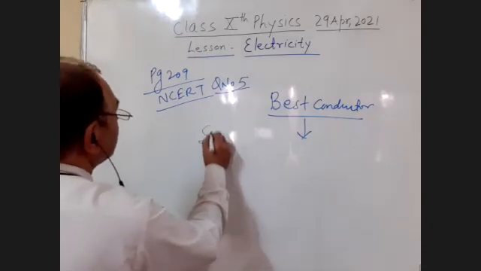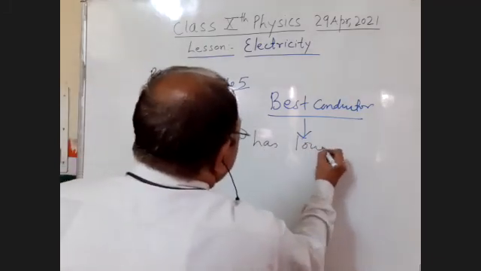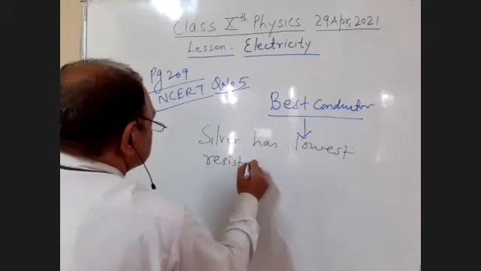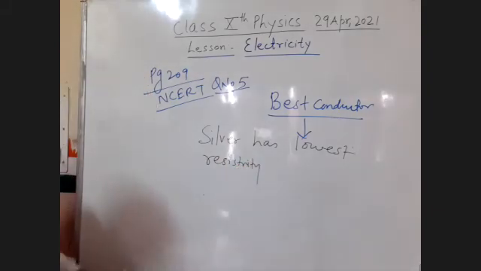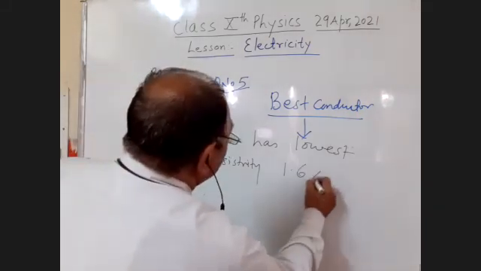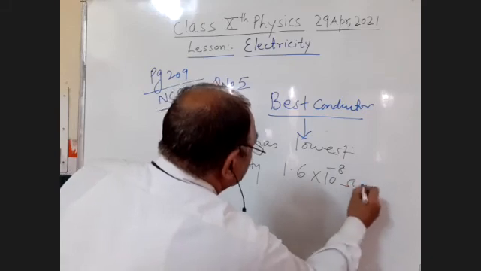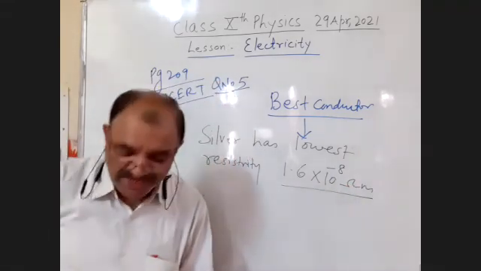I will write down: silver has the lowest resistivity. It is 1.6 into 10 raised to power minus 8 ohm meter. सबसे कम जो रेजिस्टिविटी है वो सिल्वर की है स्टूडेंट्स.